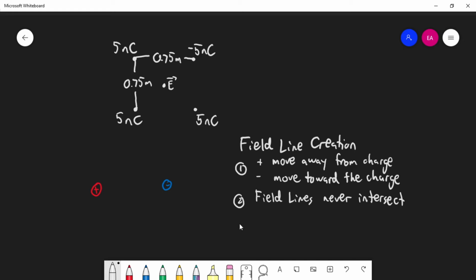And the third rule is that the more field lines are in an area, the stronger the electric field is.